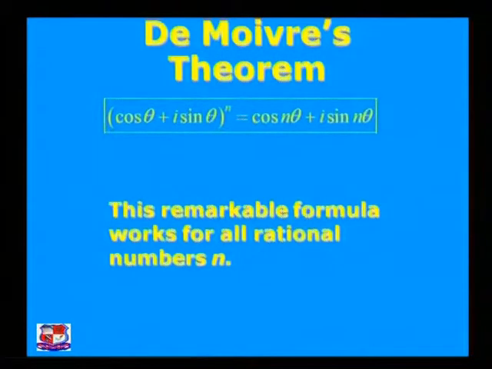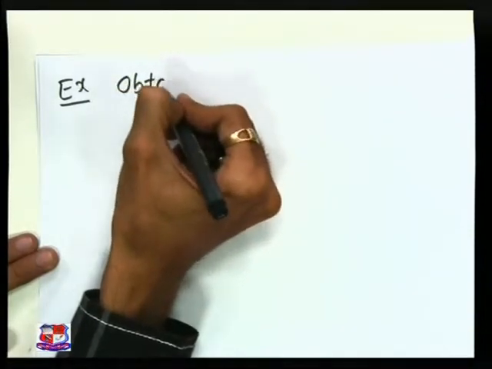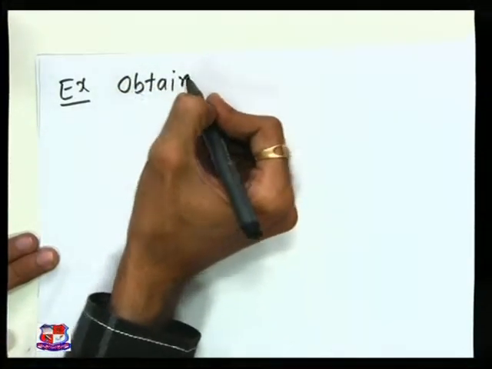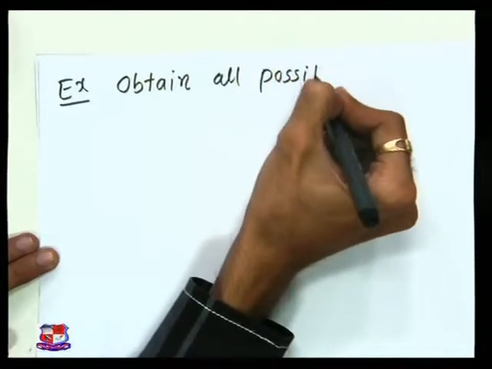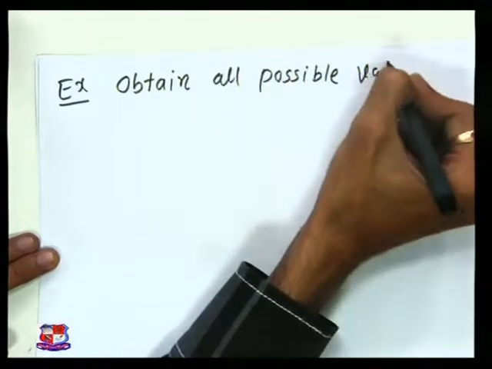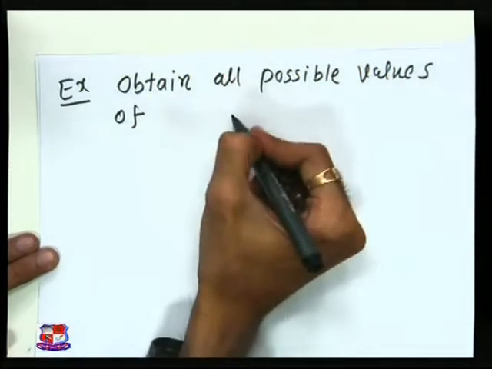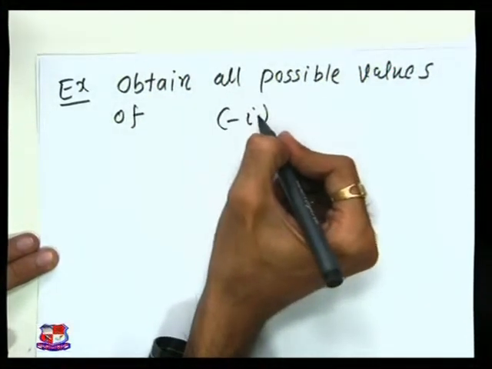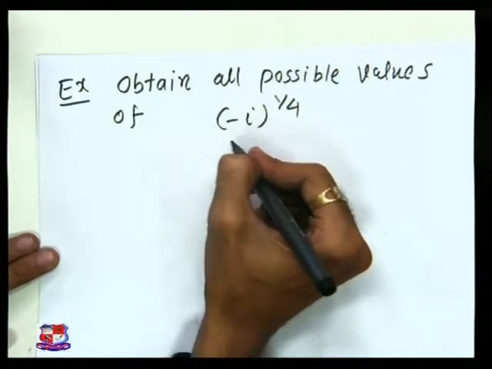The question is: obtain all possible values of minus I raised to 1 by 4.